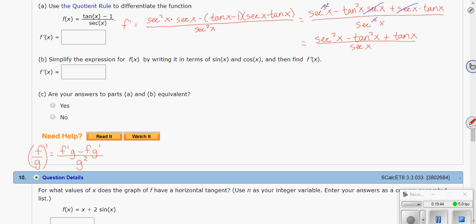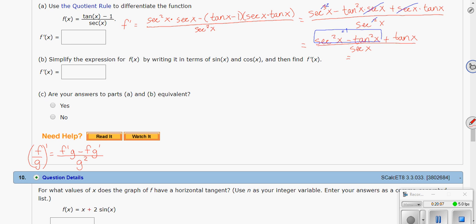Okay, here's the deal now. I don't know if you all remember your trig identities. I know everybody kind of shudders when you say that phrase. Secant squared x minus tangent squared x, I hope you remember, equals 1. So this simplifies even further.